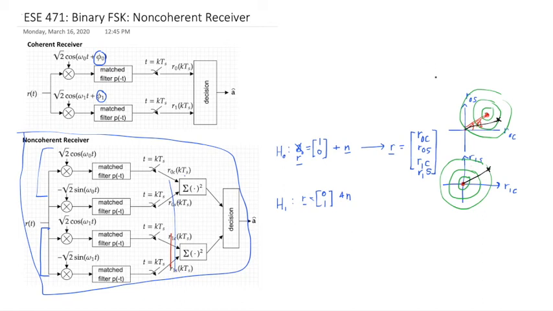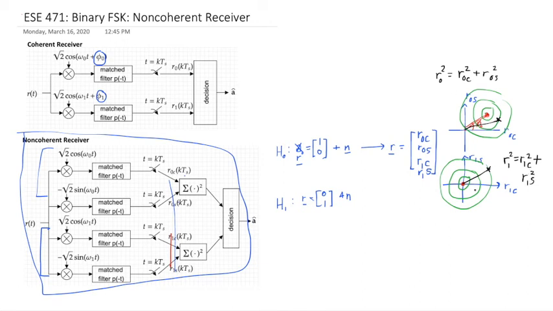The squared magnitude here would be R0 squared, which is R0C squared plus R0S squared, and the magnitude squared here, R1 squared, is R1C squared plus R1S squared.